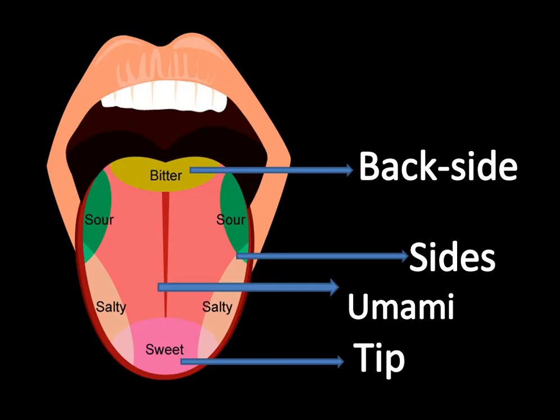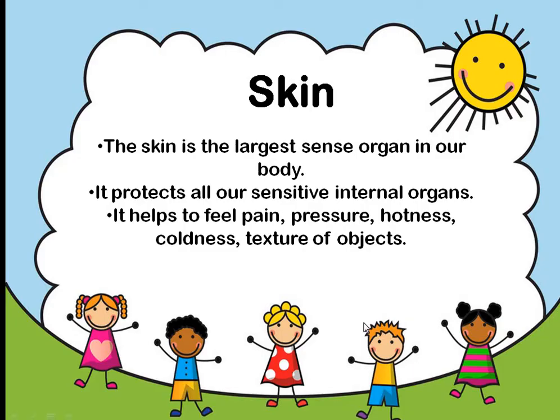You have done this in class 3 also, that on the tip of the tongue we feel sweet, on the sides we feel sour and salty, and on the back we feel bitter. And now I'm telling you one more thing, that in the middle of the tongue we feel a taste called umami, which means tasteless.